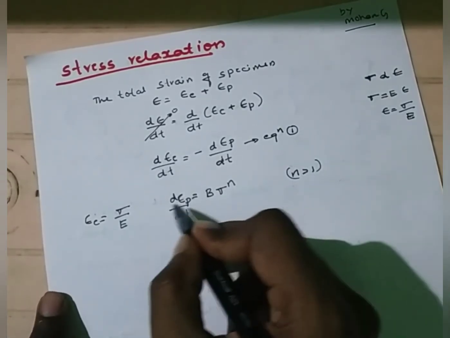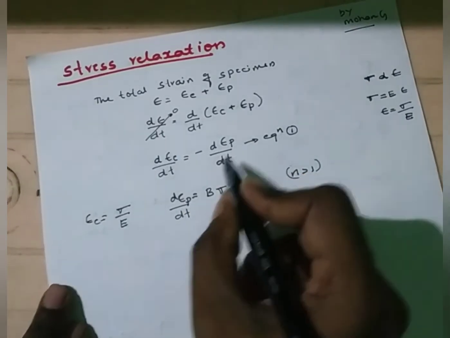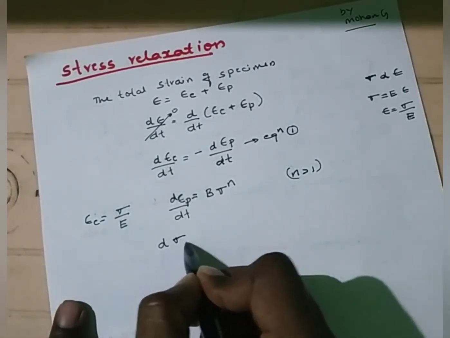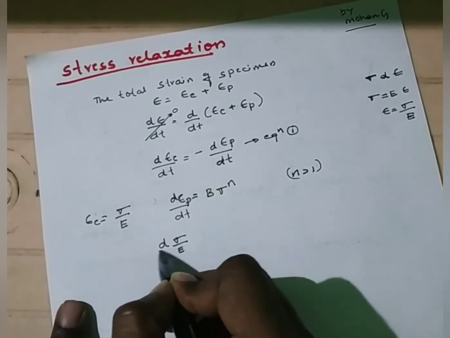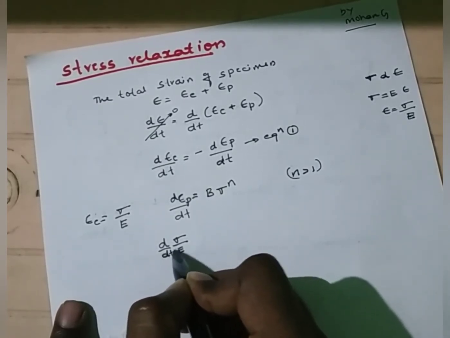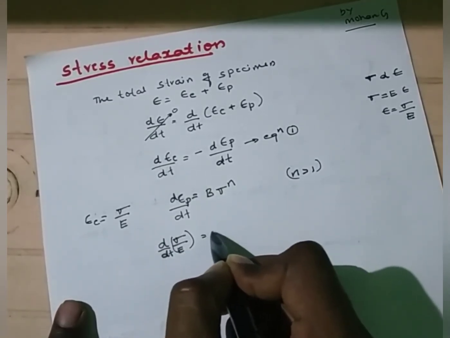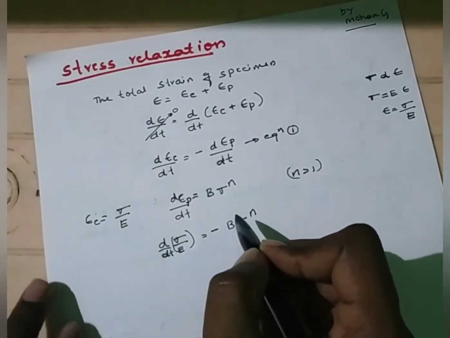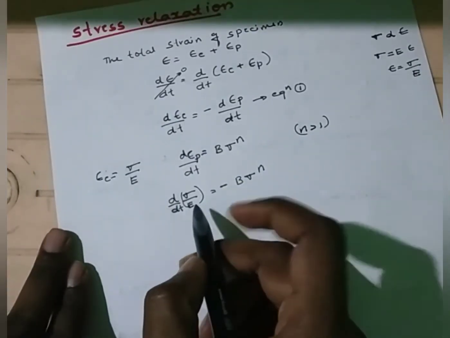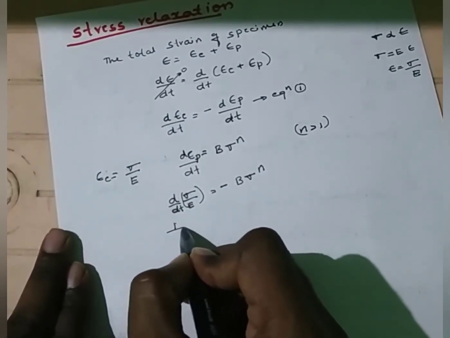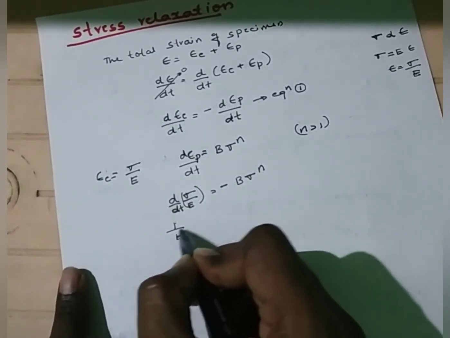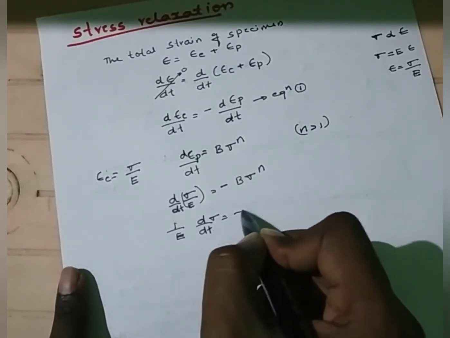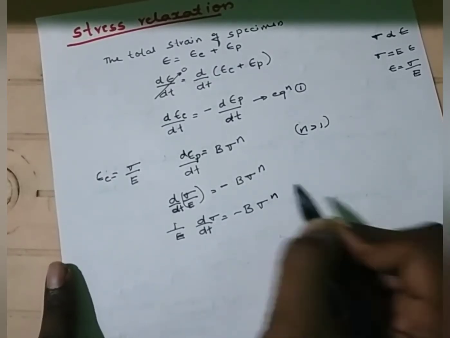Now substitute these two terms in equation number 1. It will become d by dt of sigma by E is equal to minus B into sigma power n. Anyway, E is constant, so take it outside: 1 by E into d by dt of sigma is equal to minus B sigma power n.